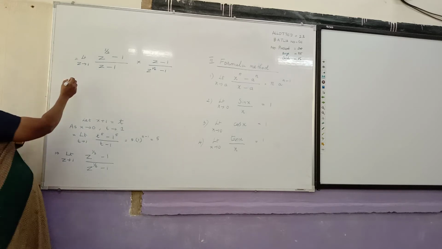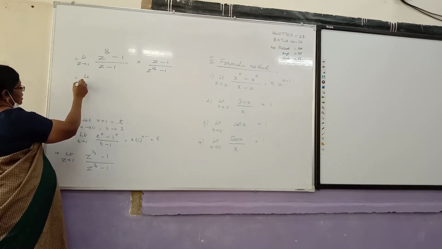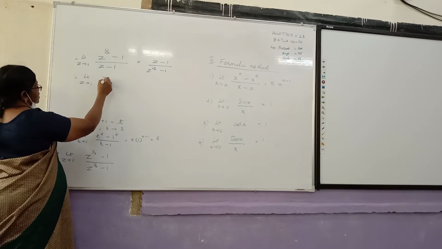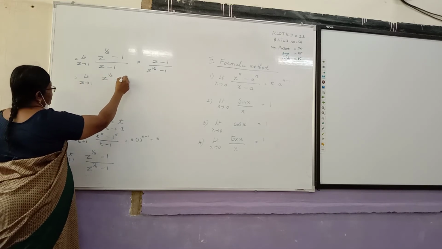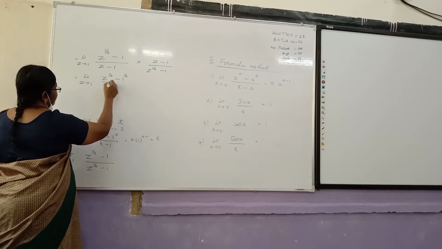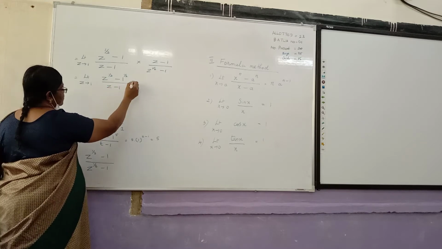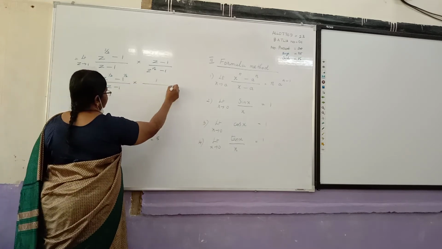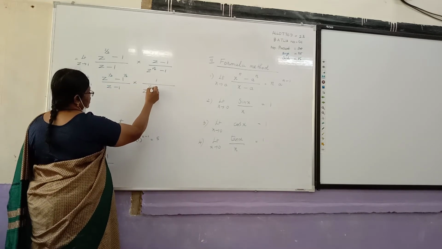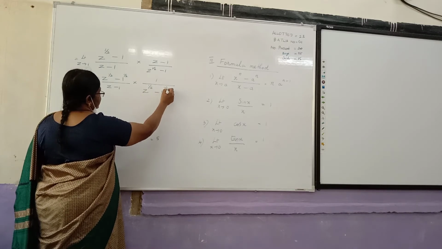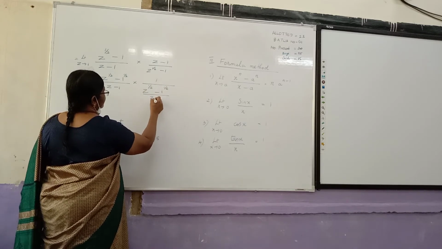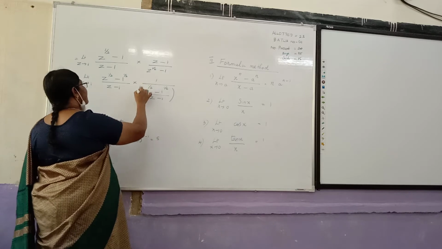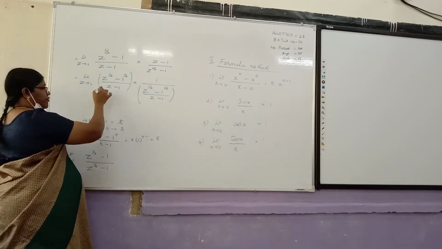I will rearrange. Limit z tends to 1, (z power 1 by 3 minus 1 by 3) by (z minus 1), into 1 by (z power 1 by 6 minus 1 by 6) by (z minus 1). Are we getting the formula? We get the formula.